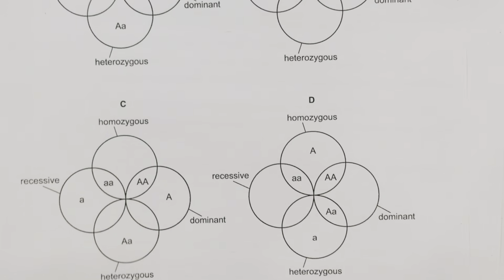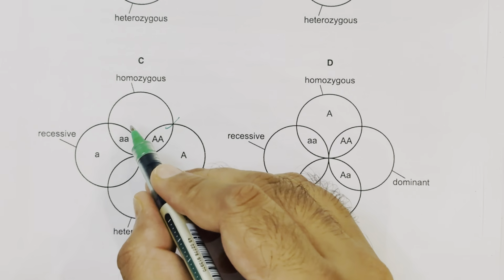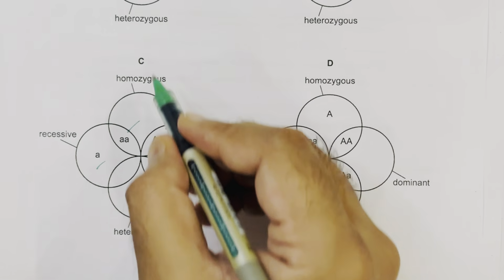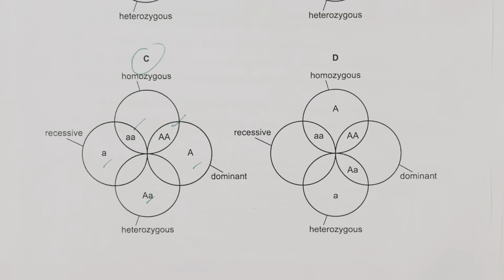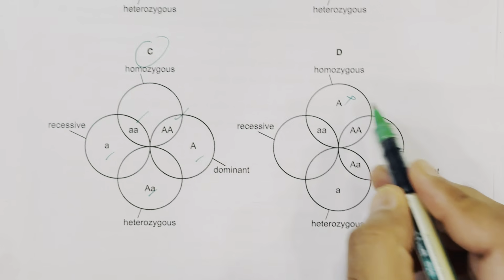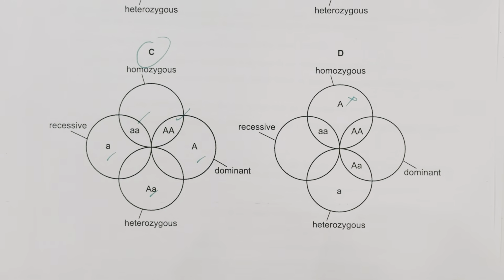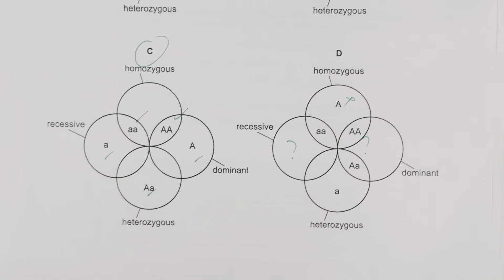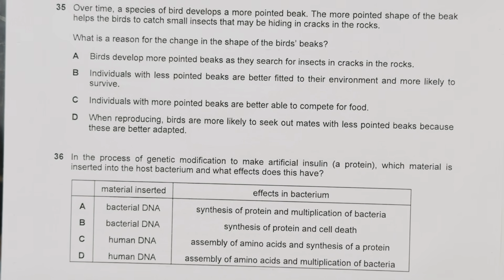Moving to C, this is right, this is also right, this is also right. So option number C is showing all the right options. Again it is showing over here, so this is the wrong choice. So moving to question number 35.